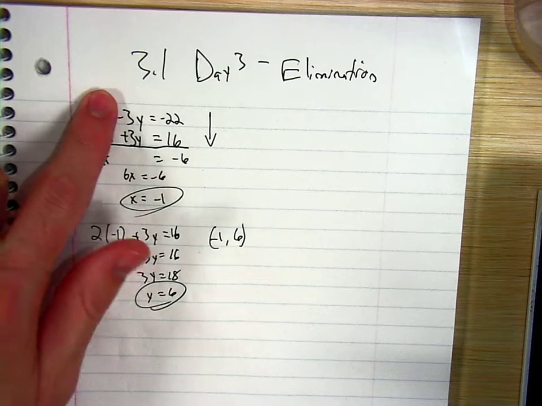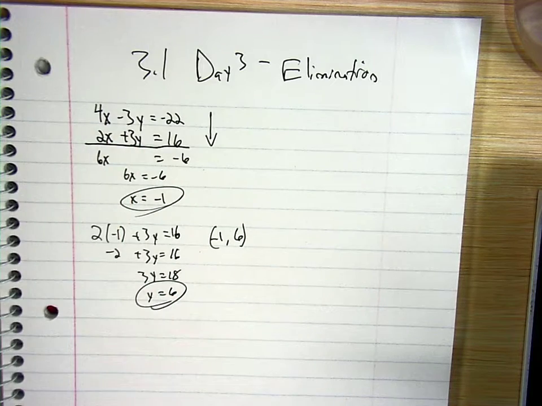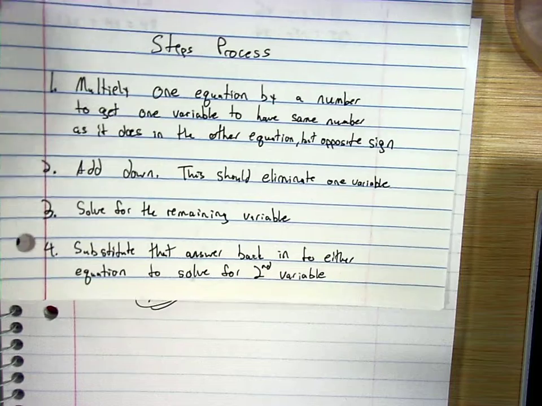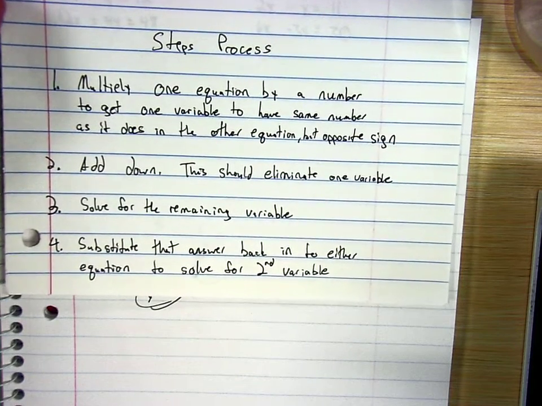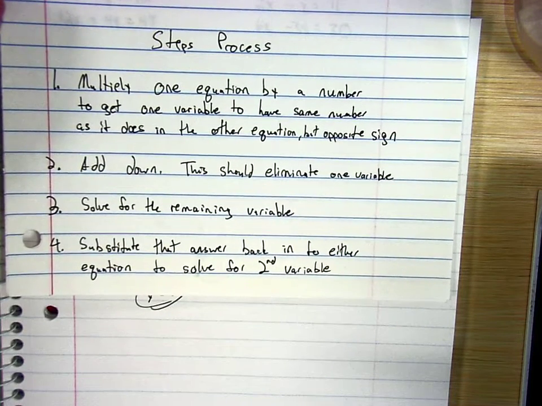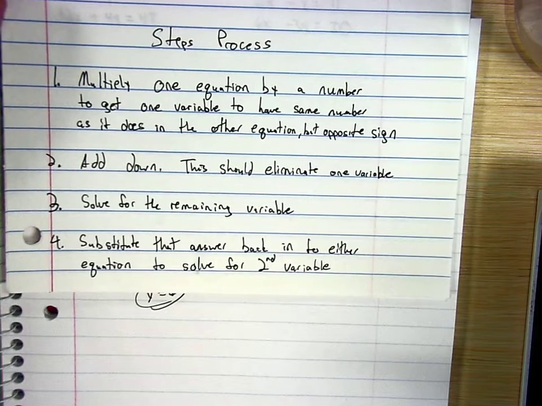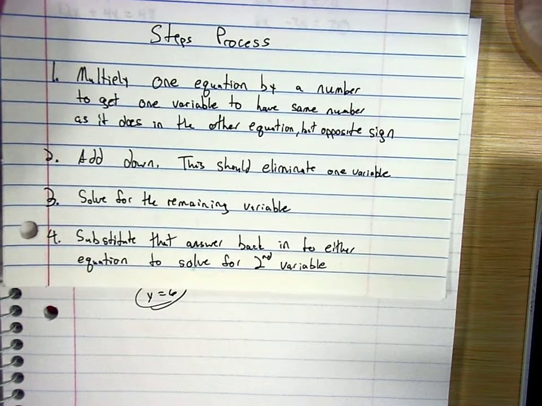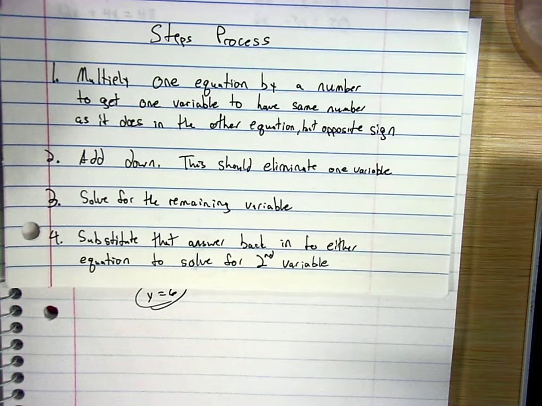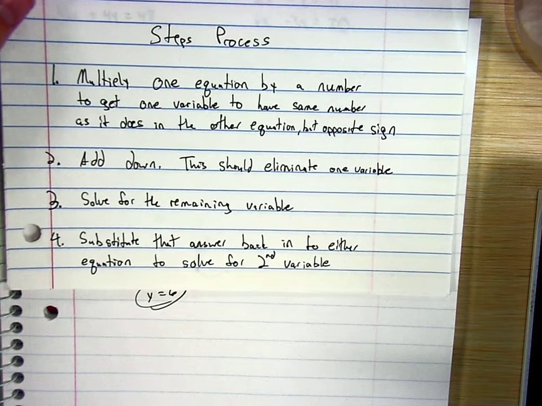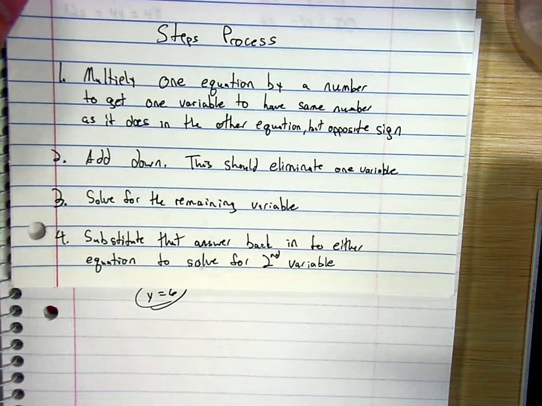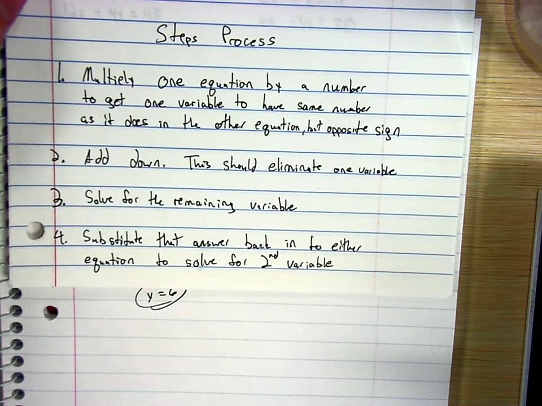We had the negative 3y and the positive 3y. It might not always be set up that easy for us. Step 2, we add down, and that should eliminate one variable. 3, we solve for the variable that's left, and 4, we put that back in to solve for the variable that we still need. So go ahead and pause if you want to write those down, or if you got it, we're moving on.